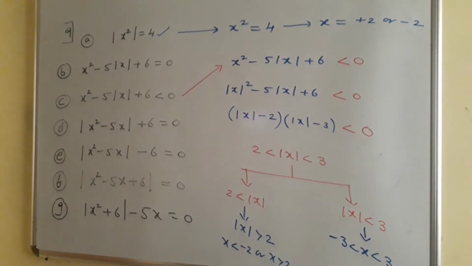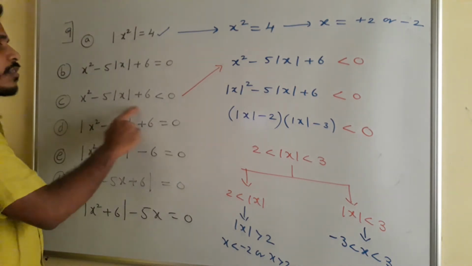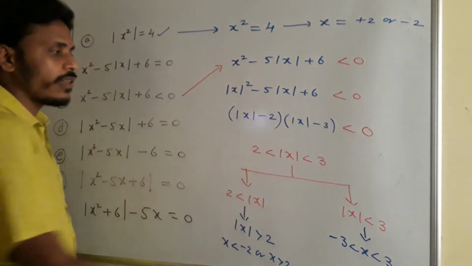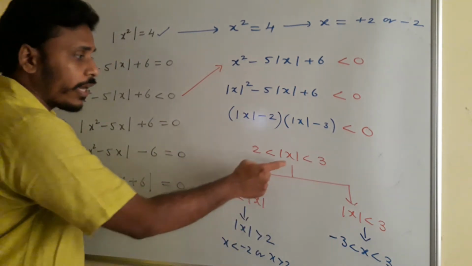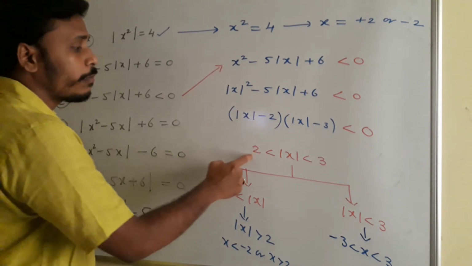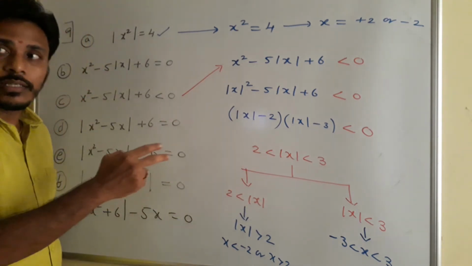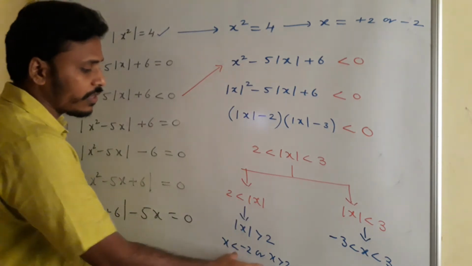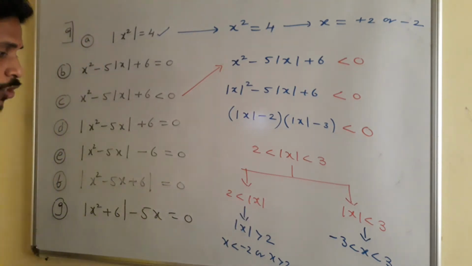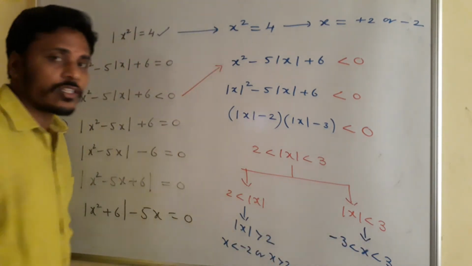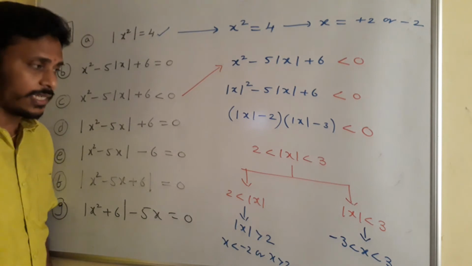At the end, just look at the solution we discussed now. Our problem is x square minus 5 mod x plus 6 less than 0, and on solving this we have 2 less than mod x less than 3. So I need to find x values such that modulus of x is in between 2 and 3. I analyzed two cases: 2 less than mod x gives x less than minus 2 or x greater than 2, and mod x less than 3 gives minus 3 less than x less than 3.